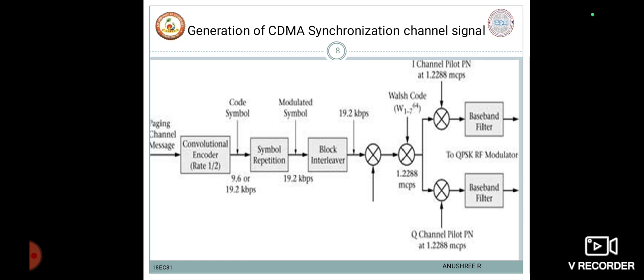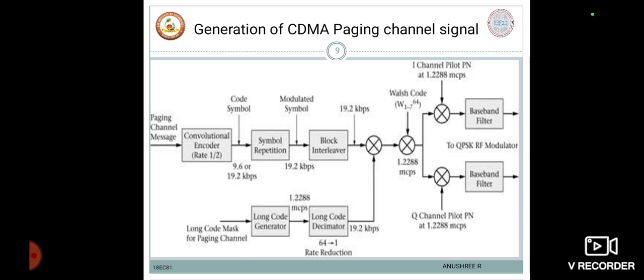Again, the same short PN spreading code with the same offset is used to further spread the signal. The information contained in the sync message includes the system and network identification codes, identification of the paging channel, data rates, the offset value of the short PN spreading codes, and the state of the long PN spreading codes. Like the pilot channel, the synchronization channel has a fixed output power.